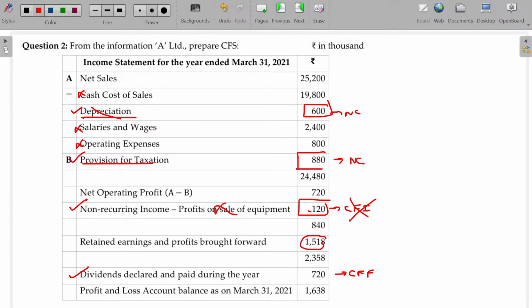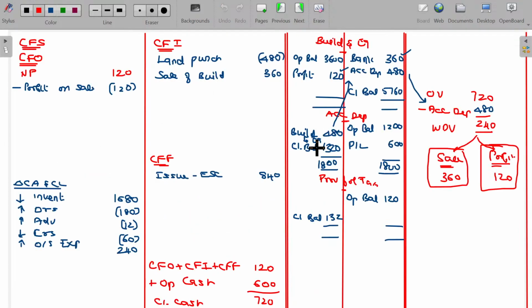Let's go for the provision for taxation, 880. Already we have the provision in the beginning, 120. In this year, further provision created 880. 1000 rupees. But at year end, we have only 132. 1000 becoming 132 means the difference may be paid through bank.